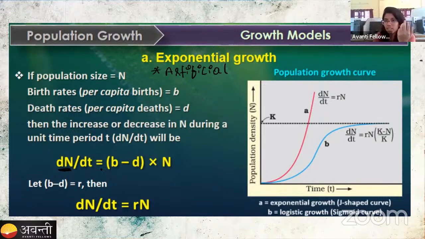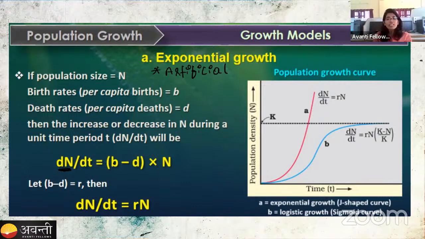We need to calculate. Yesterday there were hundreds of bacteria. Now today, how many bacteria have grown? That we need to see in the artificial medium. So how to see the rate of growth, whether it has increased or decreased?